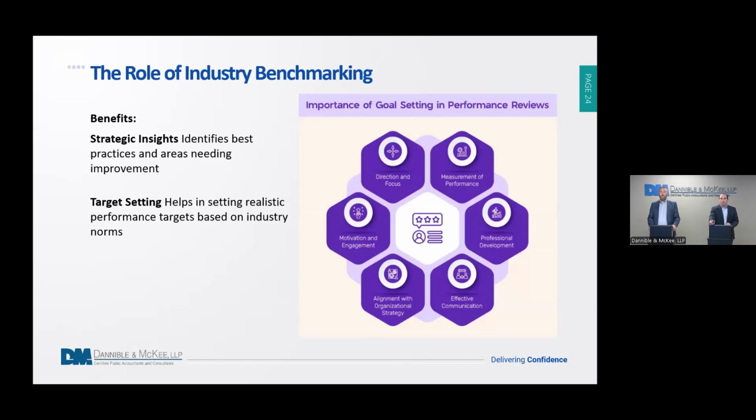So now we're going to talk about using your ratios and your financial data and comparing it to industry. This is very beneficial. Some of the benefits are that it identifies best practices and areas that need improvement. It's important in goal setting and performance reviews.